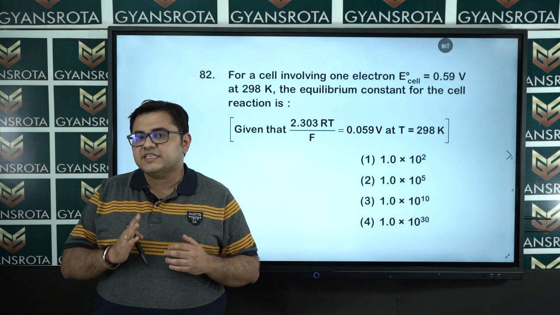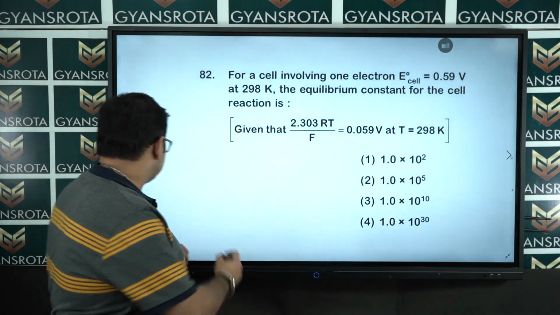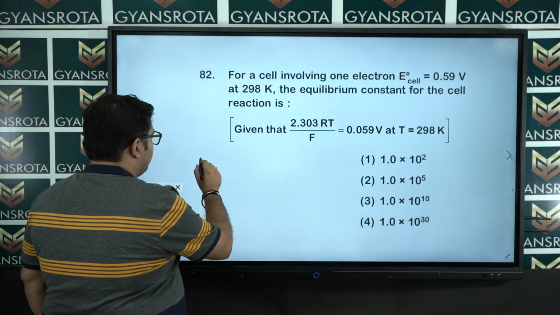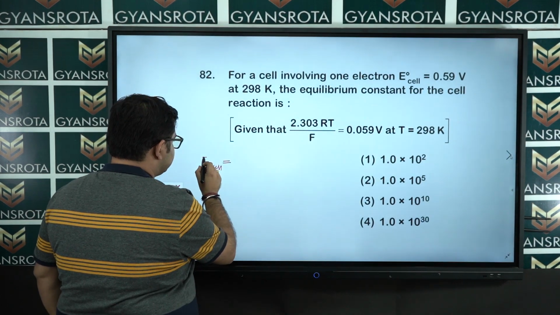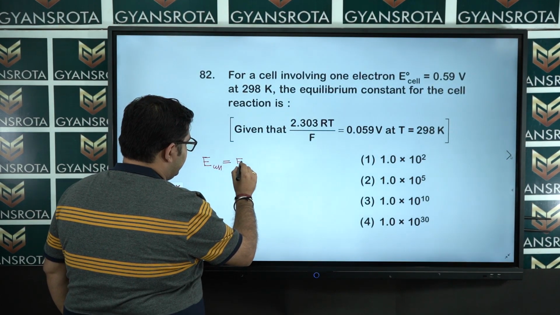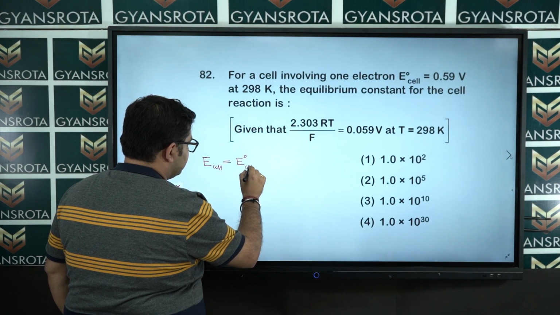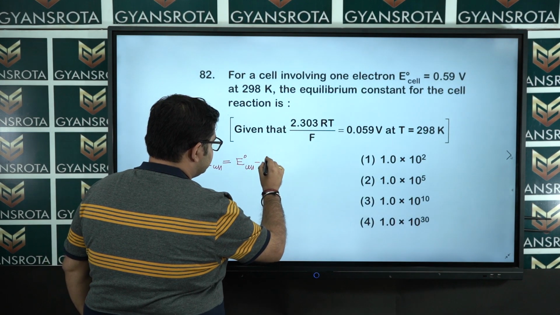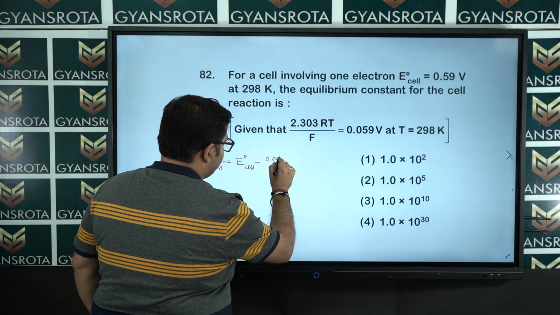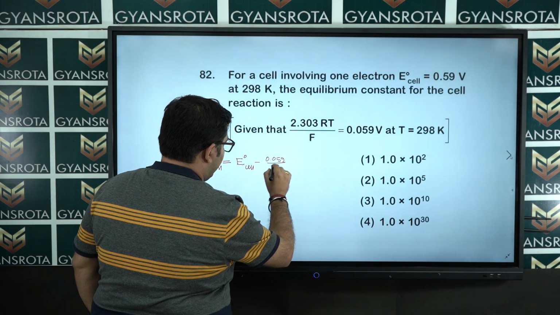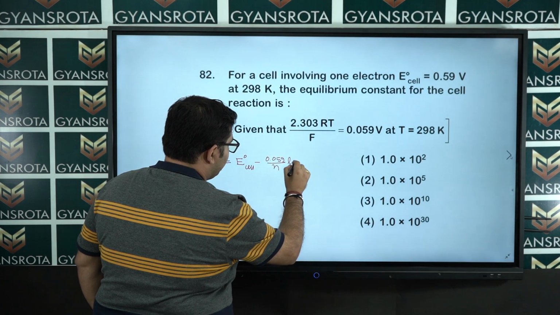Now move on to the solution part. We know one formula: E cell is equal to E naught cell minus 0.059 by n log of Q.